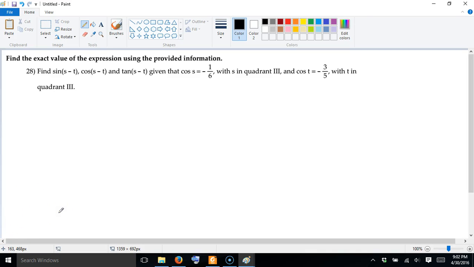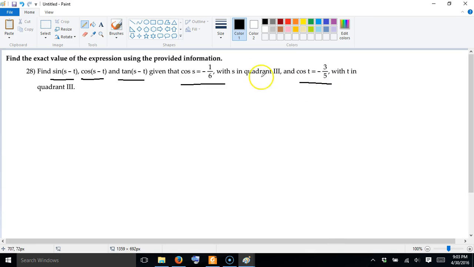Okay, on this problem here, it says find the exact value of the expression using the provided information. So we are asked to find sine of s minus t, cosine of s minus t, tangent of s minus t, given these two values right here and what their quadrants are.